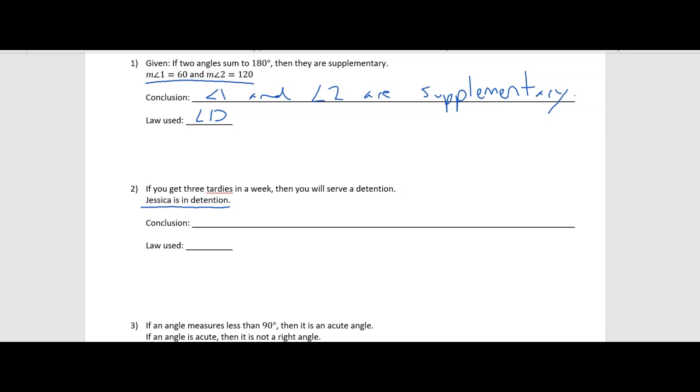If we had been told she had gotten 3 tardies, then we would be able to say she will serve a detention because having 3 tardies ensures that you get a detention. But being in detention doesn't necessarily mean you're there for getting 3 tardies. So no conclusion, which means we are not going to have a law to use either. Okay, let's look at number 3.